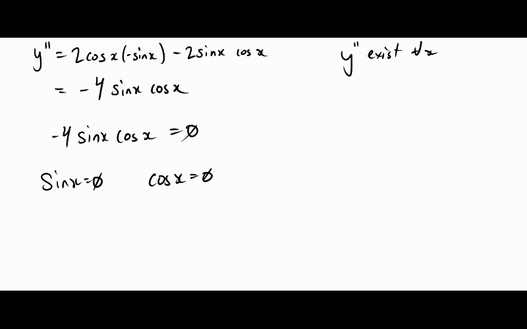Now I'm going to consider my domain 0 to 2 pi. So that means x is going to be what? Nice. How'd you get that? Thinking about the graph. If you've done this enough times, you're kind of starting to memorize these things, aren't you?